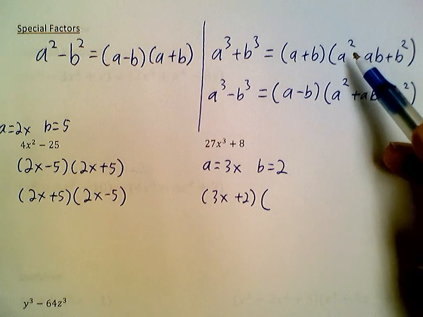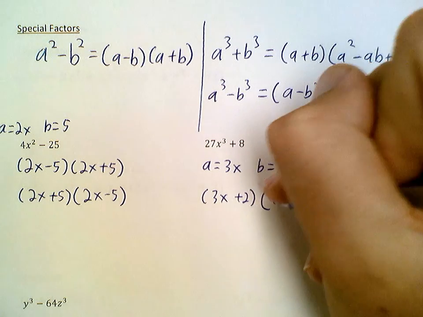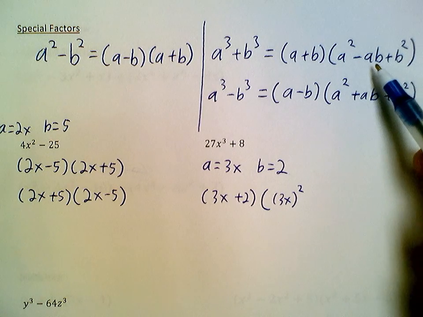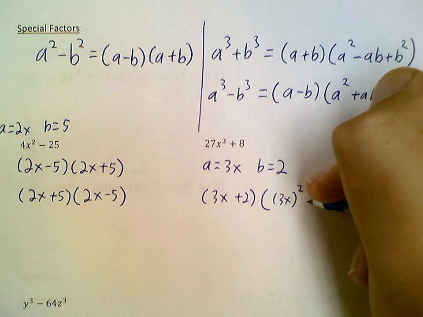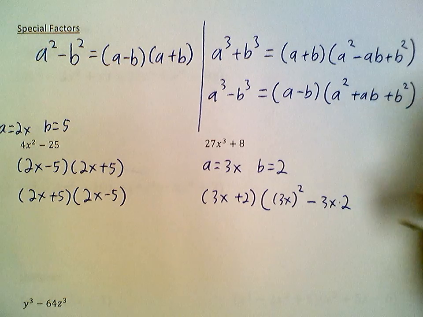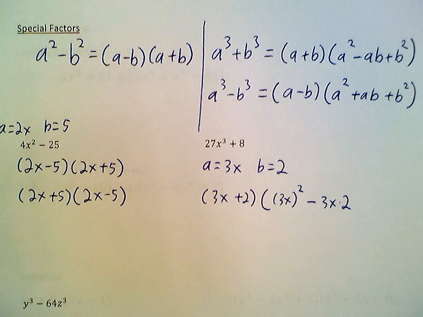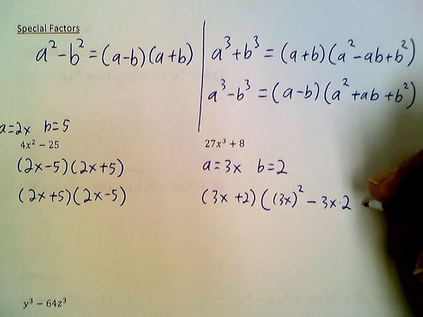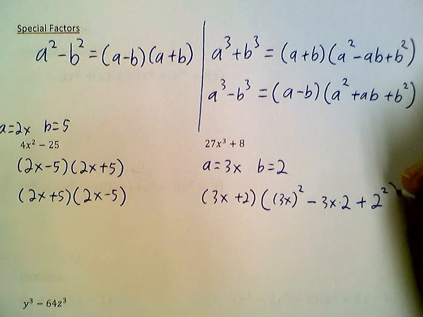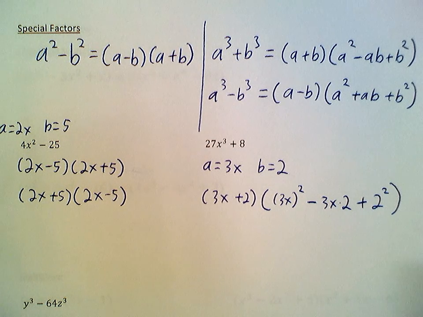Then it's a squared, so 3x squared, minus a times b, so minus 3x times 2, then plus b squared, so plus 2 squared. Now all you have to do is simplify.